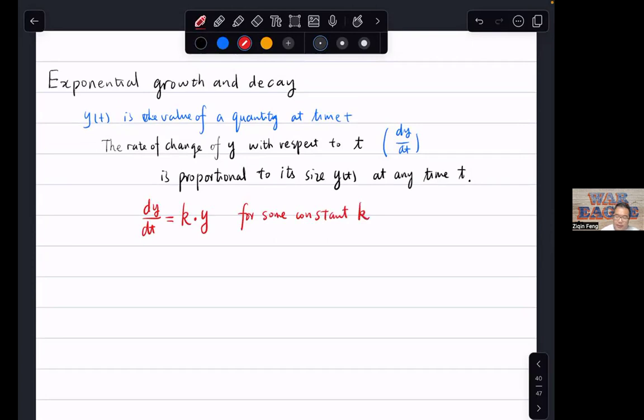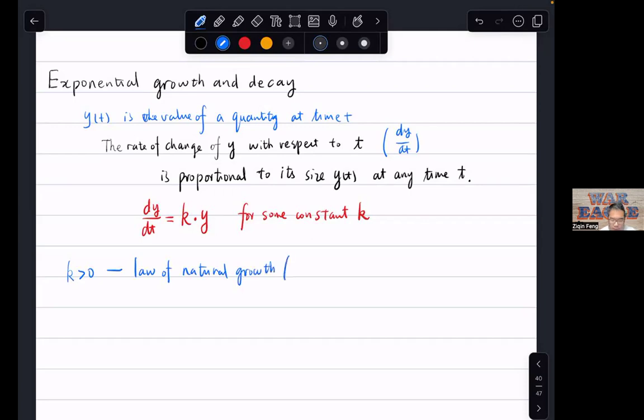You can see that if k here is positive, which means the rate of change is positive, this is basically the law of natural growth.